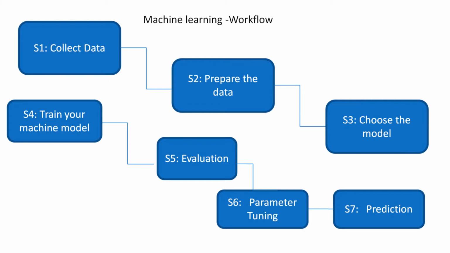After preparing the data, they head to step number 3, which is choosing the best model. Now you have some clean data and you have to feed the data into the model. For that, you have to choose the best model for your data. Suppose you want to predict something from your data, then you have to choose regression. Suppose you want to classify anything, you have to do classification modeling. So this is the concept of choosing the model.